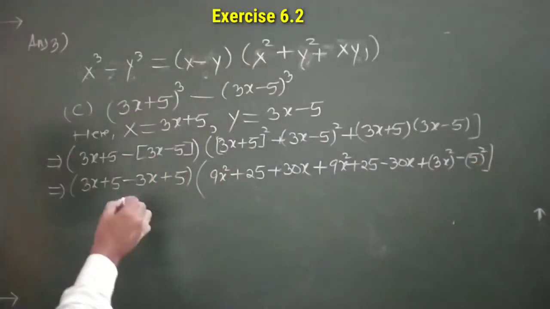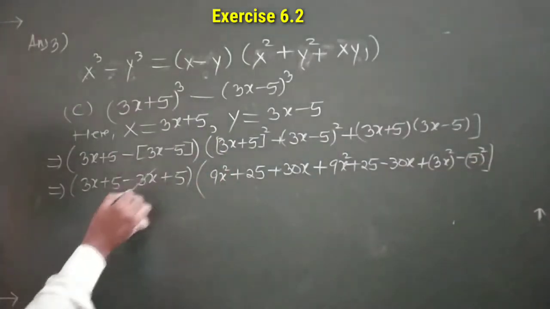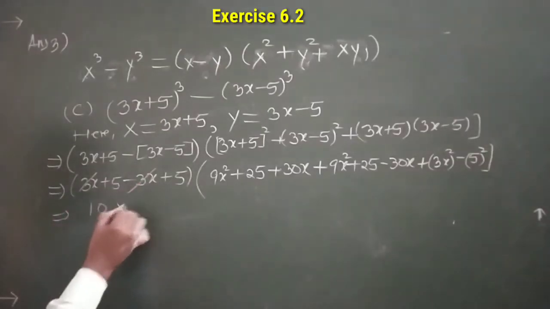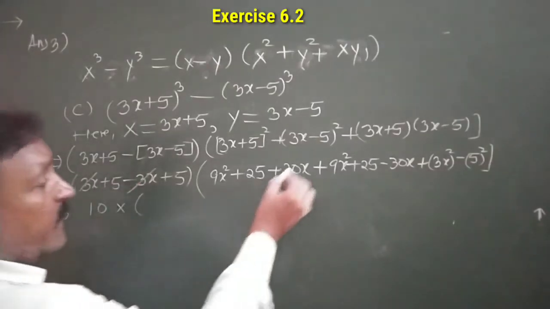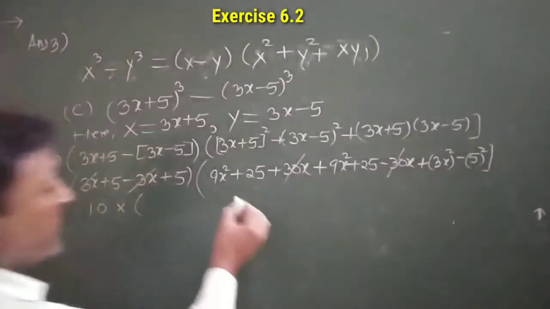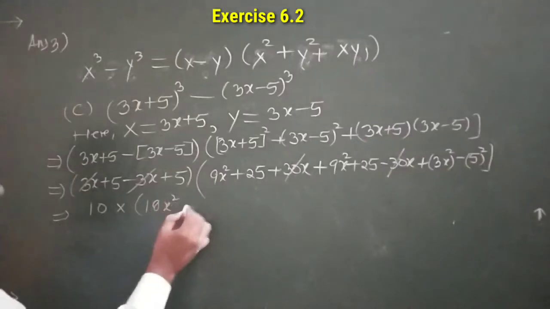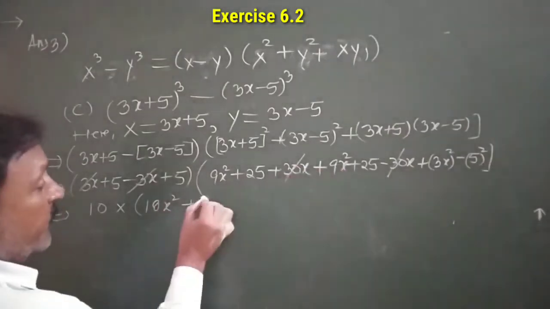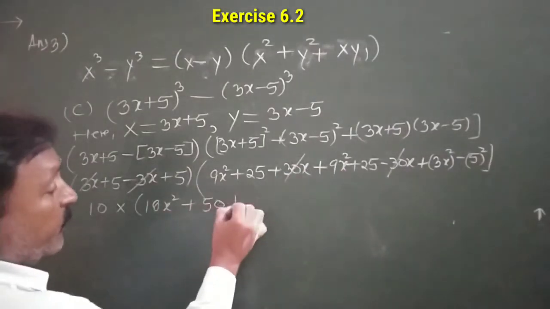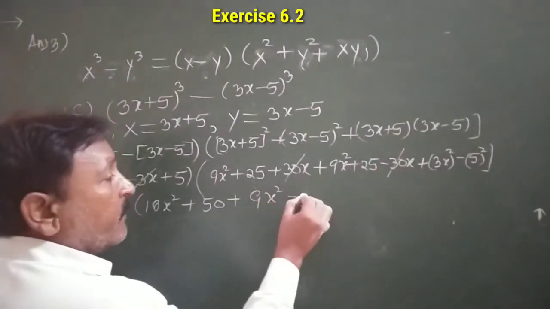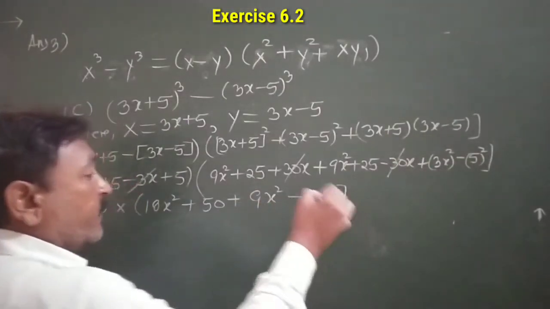Okay. See, plus minus cancelled, 5 plus 5, 10 into, here see plus minus cancelled, 9 plus 9, 18x square, 25 plus 25, 50 plus, open it, 9x square minus 5 5s are 25.